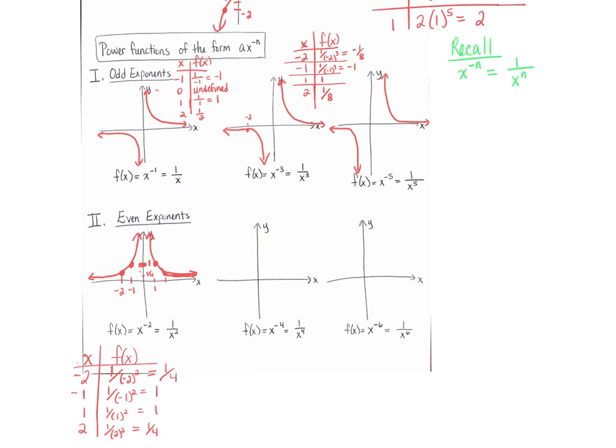Okay? So that's the graph of 1 over x squared. No surprise. It's going to look similar for 1 over x to the 4th and 1 over x to the 6th. It's just going to flatten out a little bit.